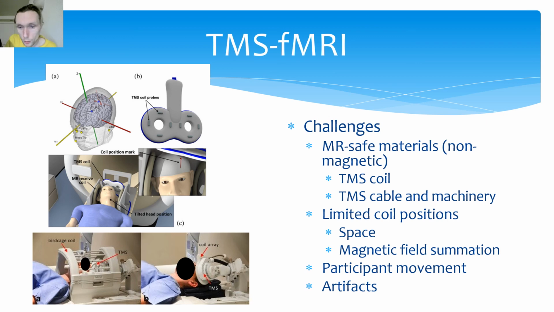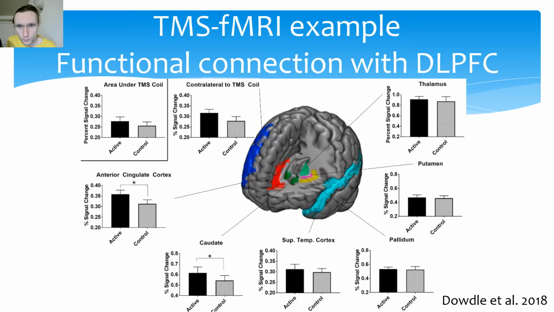And what we talked about before as well is that there will be artifacts, right? A magnetic field within another magnetic field will definitely cause some artifacts. But again, if you combine it in the best way possible, then you can have some quite interesting findings.